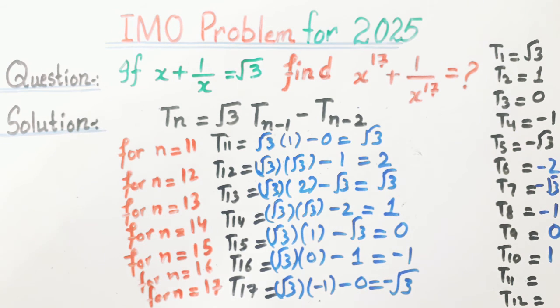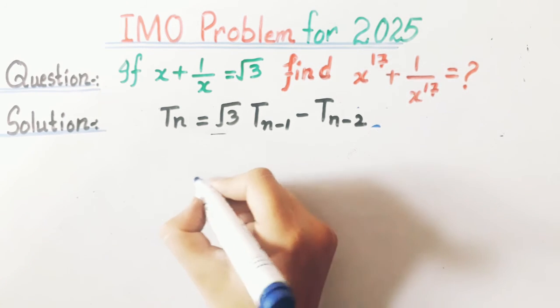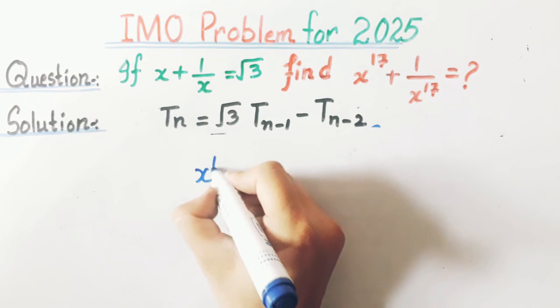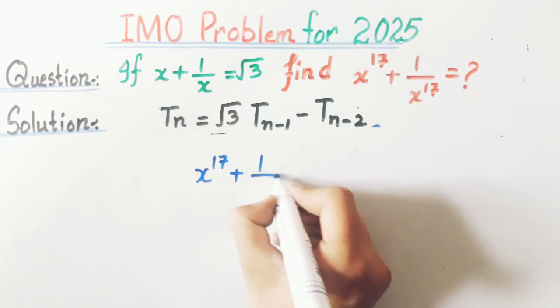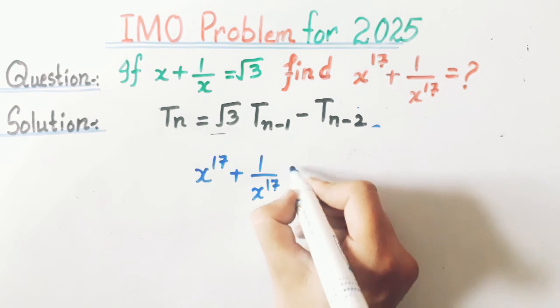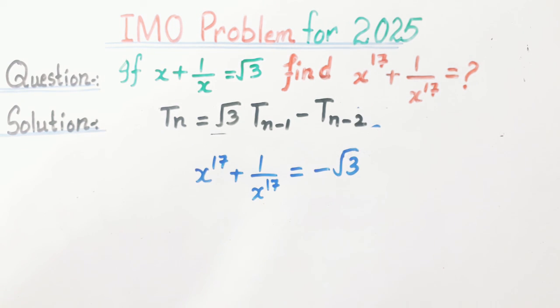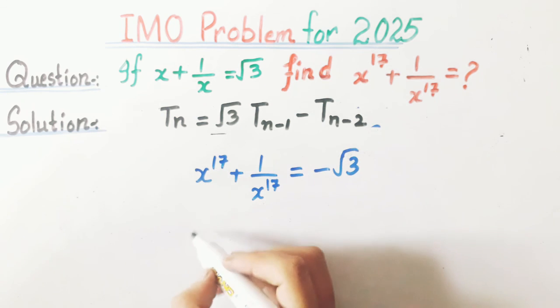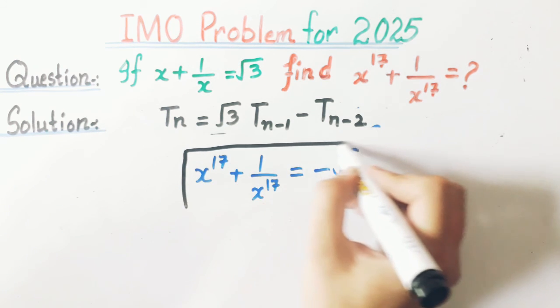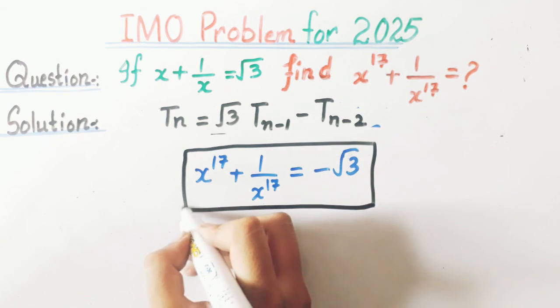So in this way we will calculate the value of T17, that is minus square root 3. So we will write the final answer. The final answer of x raised to power 17 plus 1 over x raised to power 17 is equal to minus square root 3. So this will be the final answer.